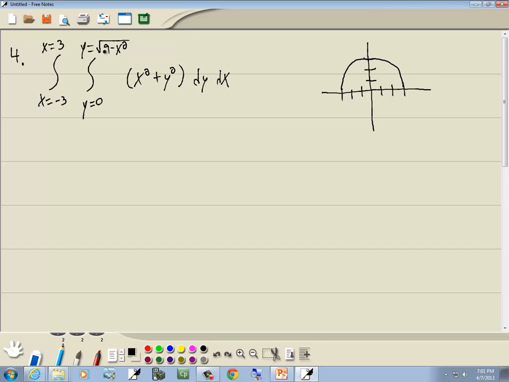Now, y is equal to square root of 9 minus x squared is a half a circle, and we're going from -3 to +3. A lot of times you can look at this and kind of see the setup, because it just kind of makes sense. Like if we looked at our r first, we put r equals 0 here, so that would be the starting place here, and then if I go out this distance, that would be r is equal to 3.